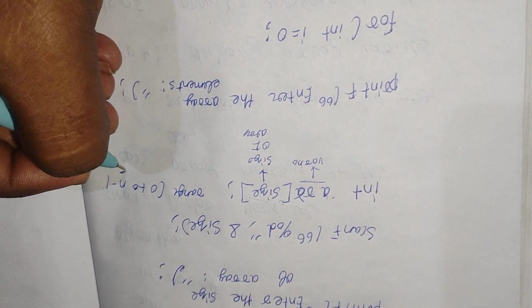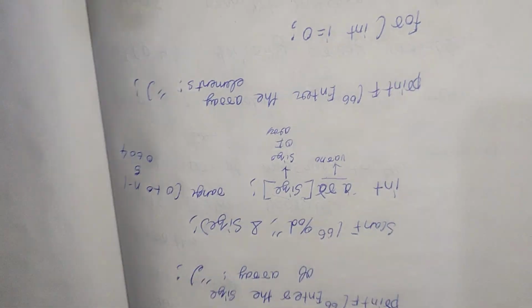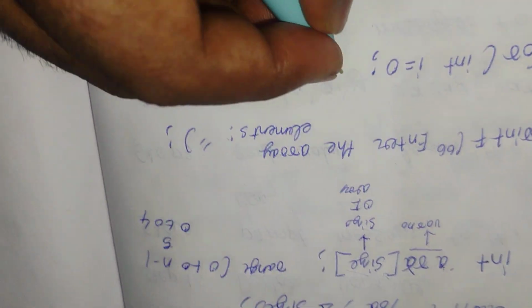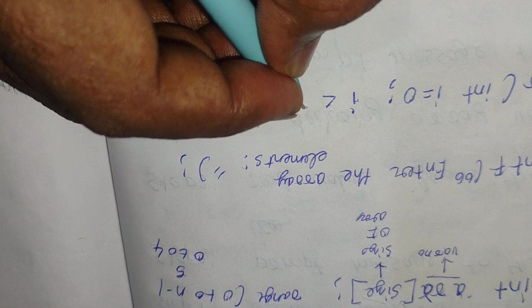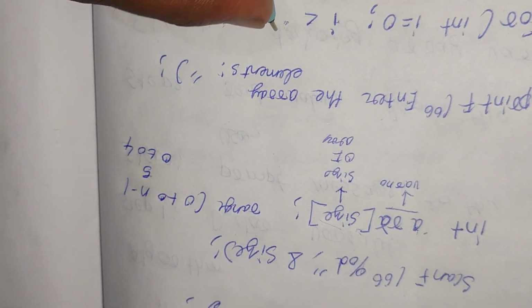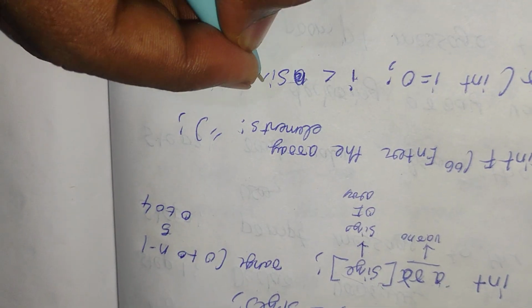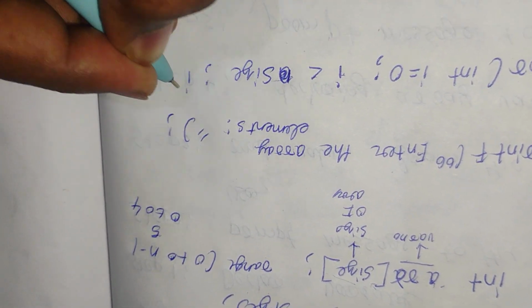So if the user entered 5, the index values must be 0 to 4. For this condition I am going to write i is less than size, because of this range.